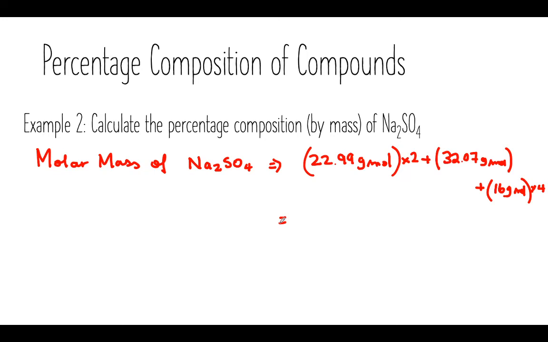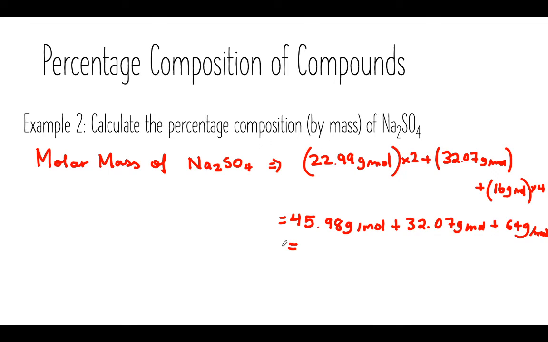So let me add all of these up together. 22.99 times 2 will give me 45.98 grams per mole, plus 32.07 grams per mole stays as is, plus 16 times 4 will give me 64 grams per mole.